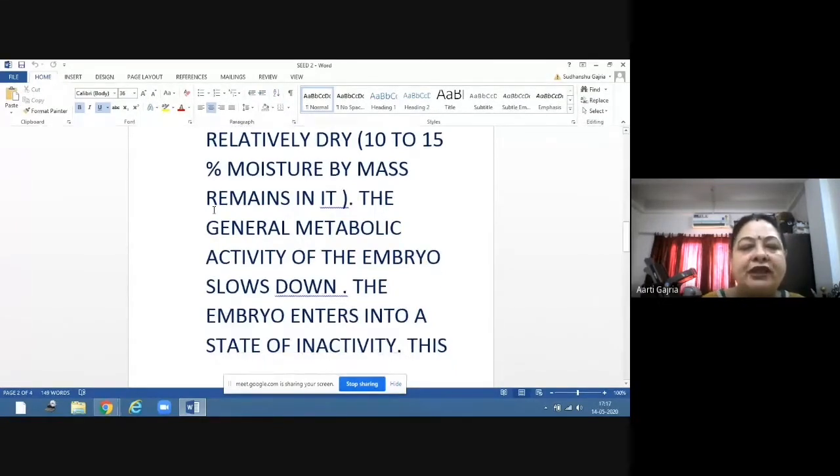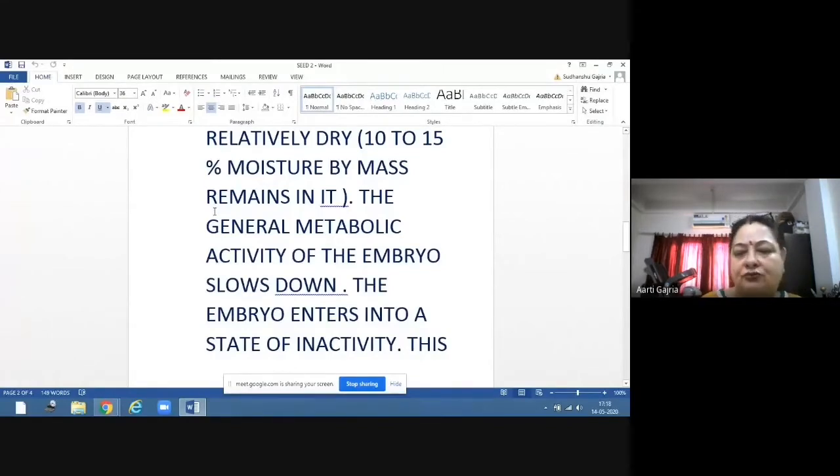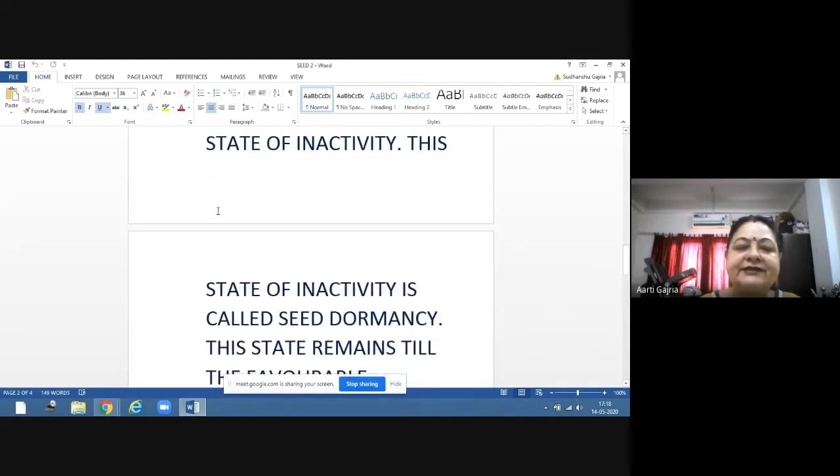The general metabolic activity of the embryo also slows down. The seed becomes dry and the embryo enters a state of inactivity, and this state of inactivity is called seed dormancy.